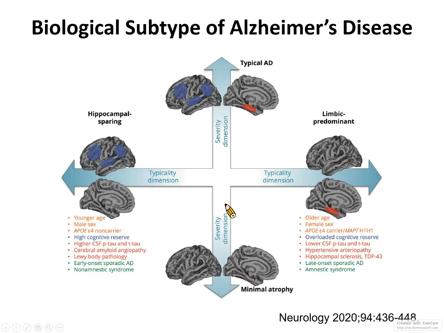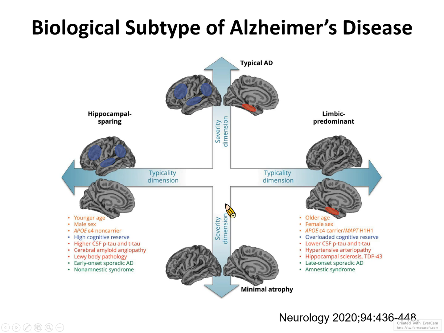Okay, so in clinics there are some efforts to try to phenotype the subtypes of Alzheimer's disease, and this figure, just published in Neurology this year, shows that in the clinical aspect we usually can define AD by the severity and the symptom dimensions.